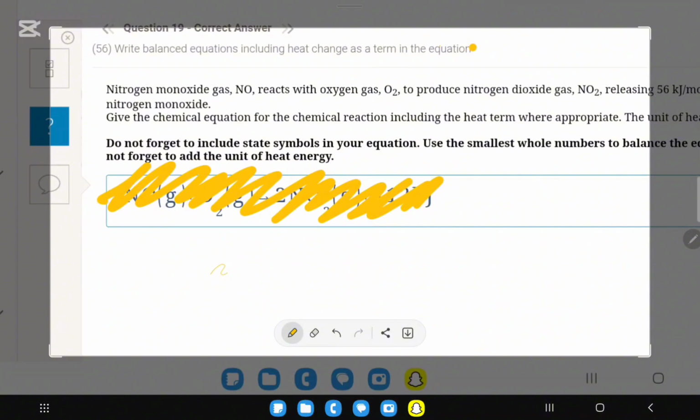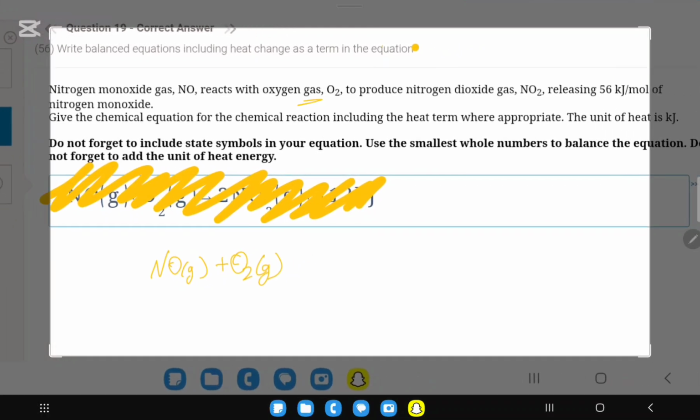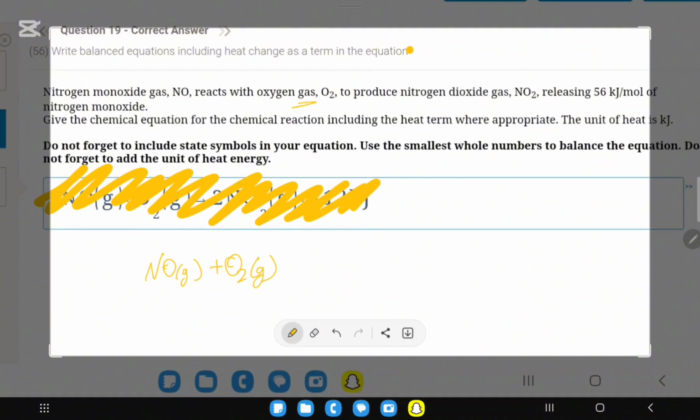First we write NO gas reacts with oxygen gas, O2 gas, to produce NO2 gas, plus 56 kilojoules. When they say releasing, you put it in the product side.